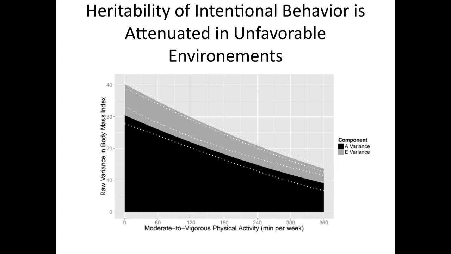Surprisingly, moderate to vigorous physical activity has a very weak effect on the mean of BMI. People can exercise quite a bit without a significant effect on their BMI, but it has a powerful effect on the genetic variance in their BMI. People who exercise a lot express much less of their genetic variability than people who don't exercise.